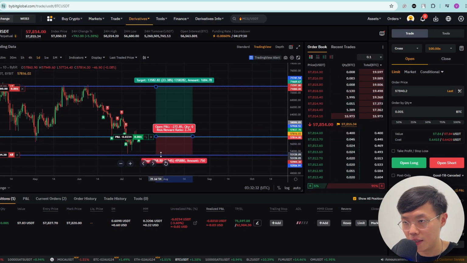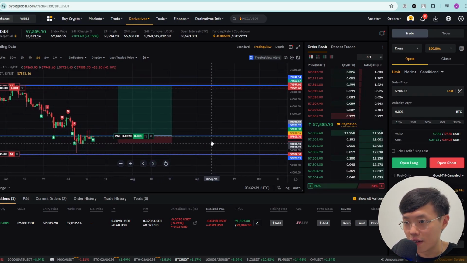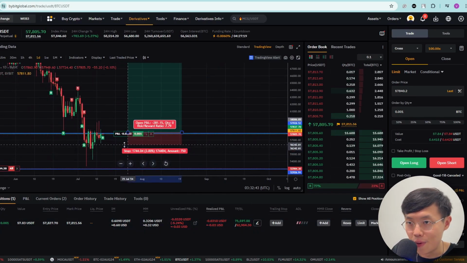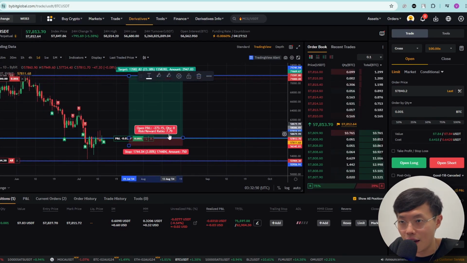If you want to have a thinner risk and a higher reward ratio, for example, right now I want to have my risk below this week right here, then you have a better risk reward ratio of 7.79.